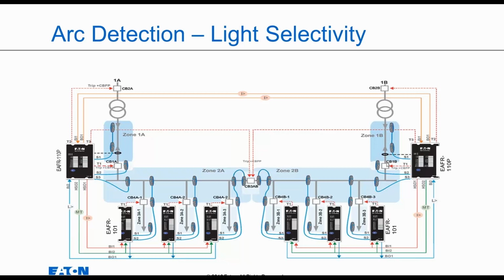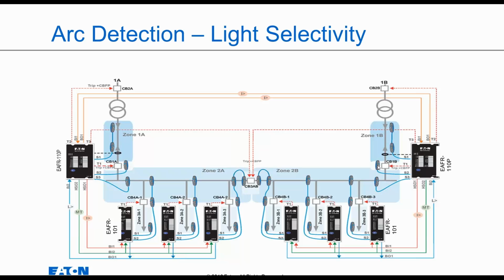It's looking upstream from this circuit breaker, between the transformer and the circuit breaker, for arc flash light in that zone. And so you can set up logic inside this device that will detect on S1. If light is only on S1, send out a signal to trip the upstream medium voltage circuit breaker, and that's what this T2 signal is doing.